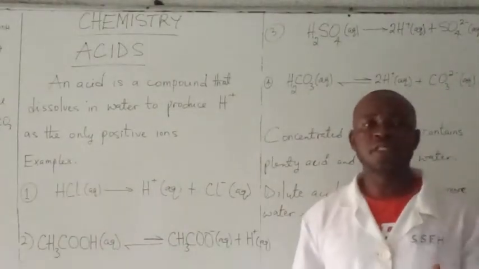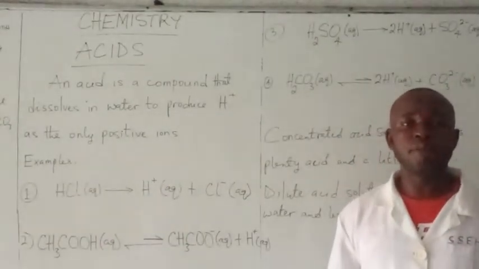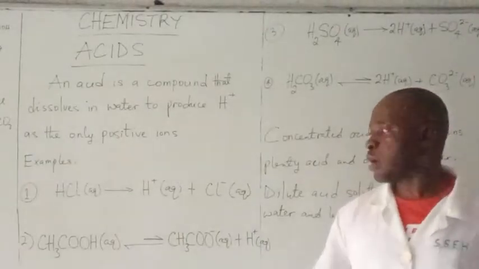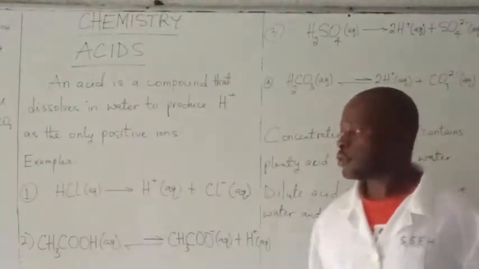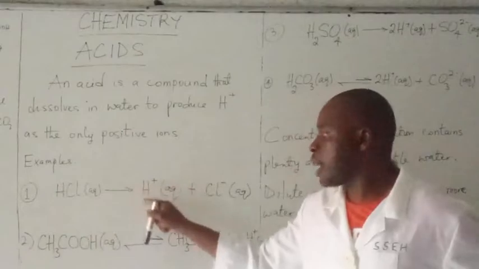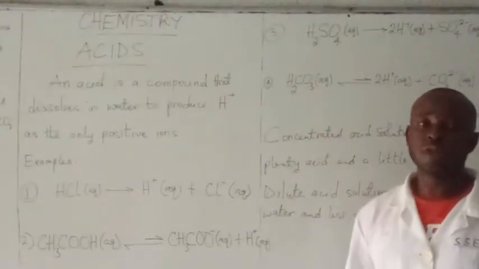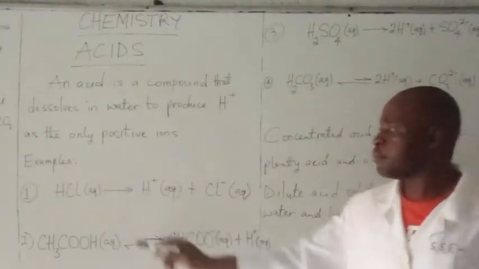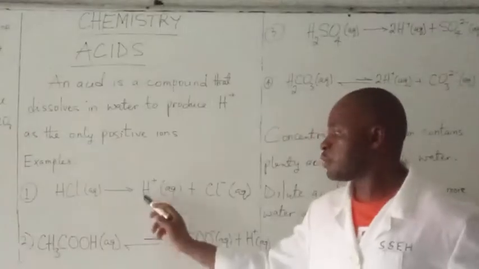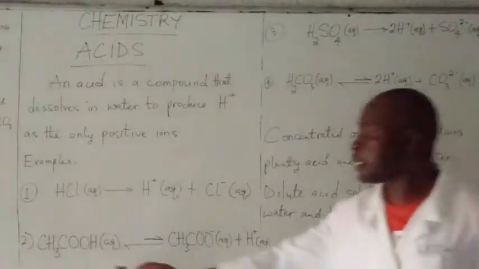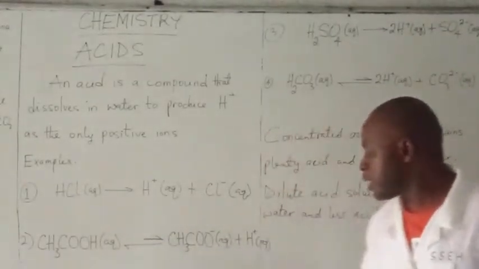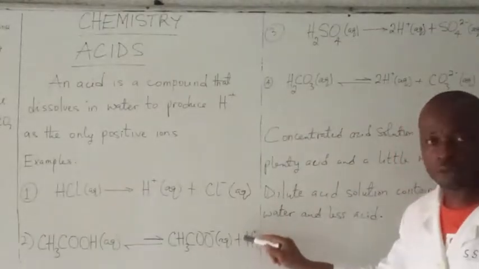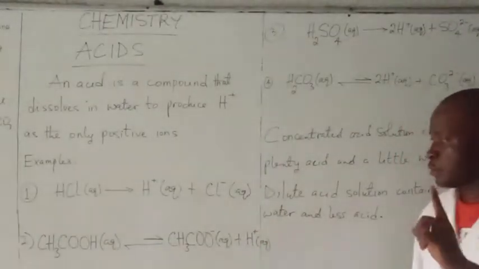The basicity of an acid means the number of replaceable hydrogen ions in one molecule of an acid. So hydrochloric acid has 1 replaceable hydrogen ion. So it is monobasic. Its basicity is 1. The same thing with ethanoic acid. How many replaceable hydrogen ions do we have? Just 1. So its basicity is 1.